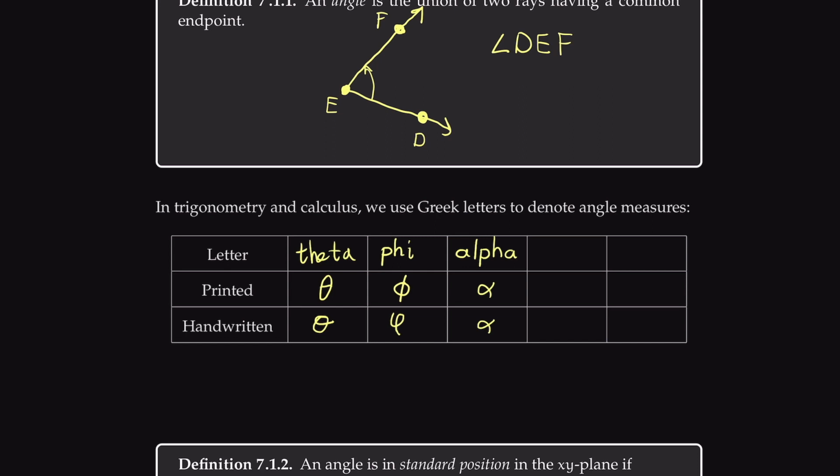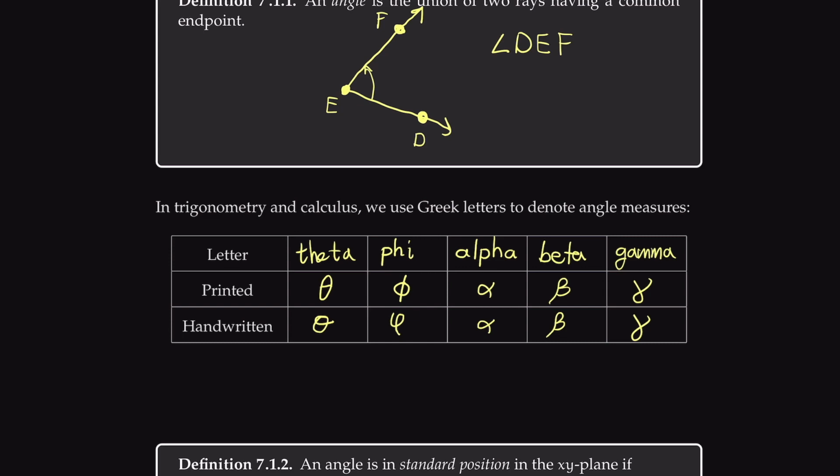Then we have beta, the Greek letter B, and it looks like this. And then we have gamma. And this is the Greek equivalent of the third letter of the alphabet, and we'll write it like that. Okay, so only two of them, theta and phi, look a little bit different written than they do printed.